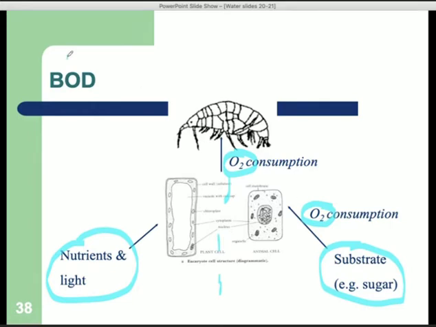And that is what essentially we call the BOD. So BOD is the biochemical oxygen demand. That means how much of this oxygen is consumed when the bacteria in the water digest the waste substances.